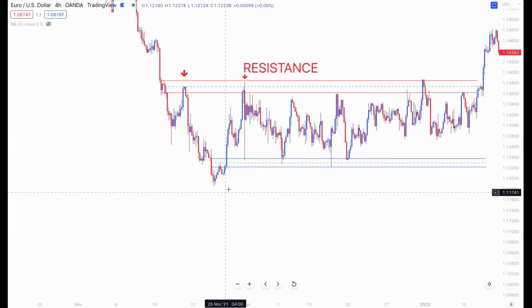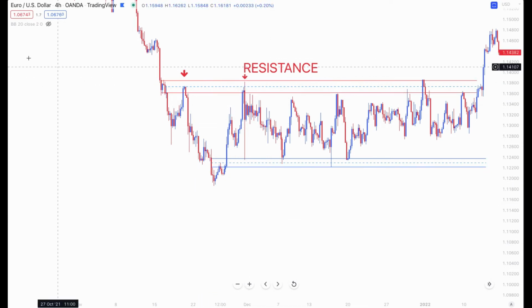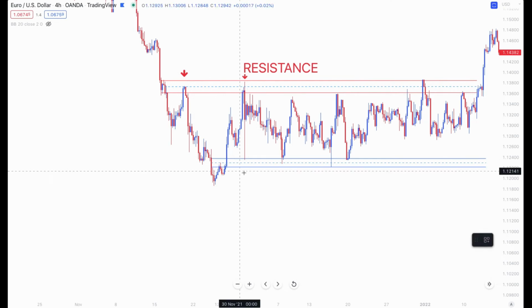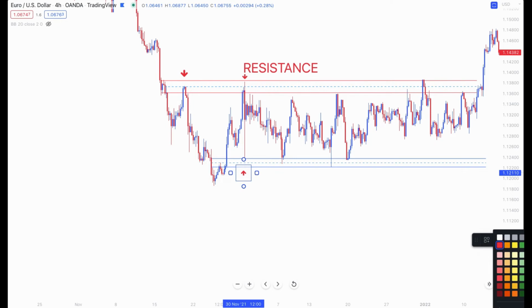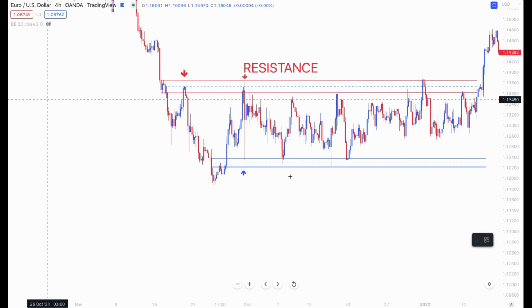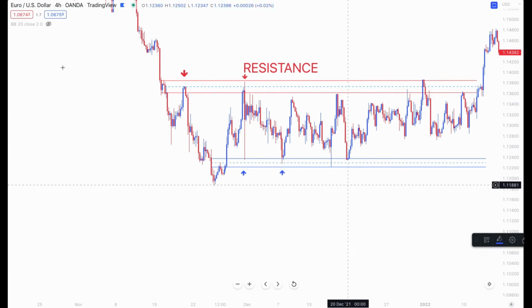All right, then on the other side, we have bulls. We have bulls buying this asset. Let's change that color to blue. There we go. Every time the price comes down and tests this area, we have support. Why? Because price cannot and is struggling to break through this zone right here.